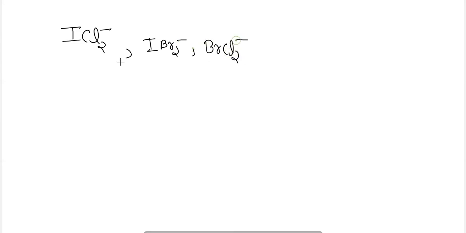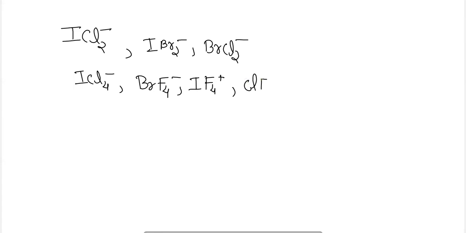Some of the interhalogen ions I am showing you are ICl2 minus, IBr2 minus, BrCl2 minus, ICl4 minus, BrF4 minus, IF4 plus, and ClF4 plus, meaning positive ions and negative ions, that is cations and anions.